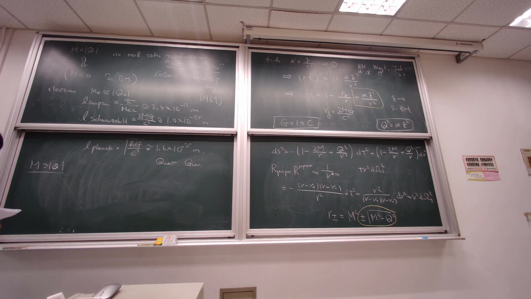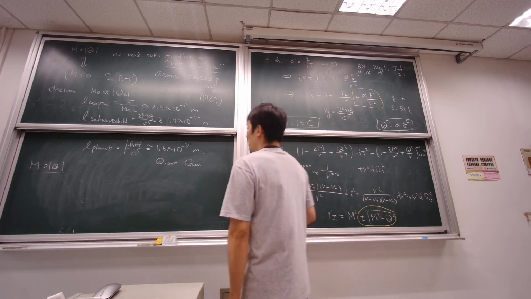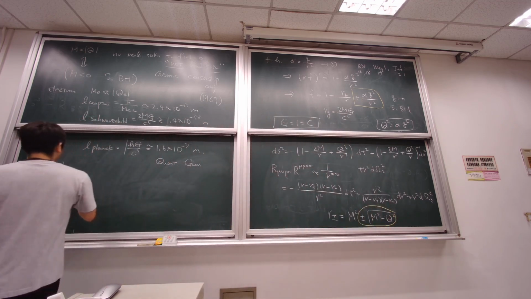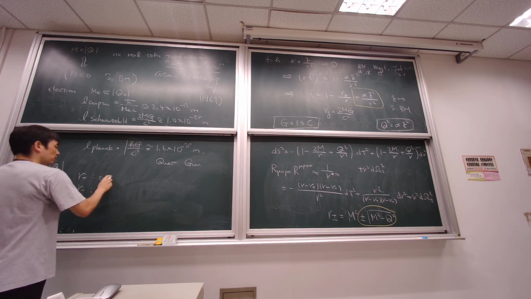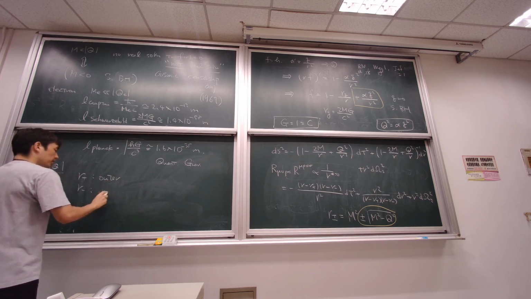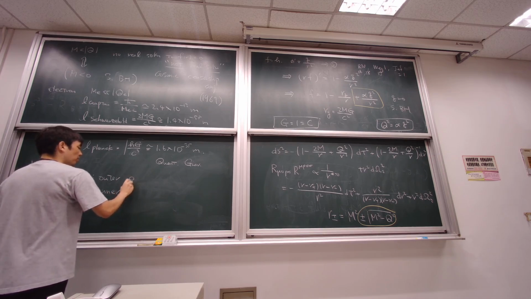So in this case, r plus and r minus are called the outer event horizon and the inner event horizon.